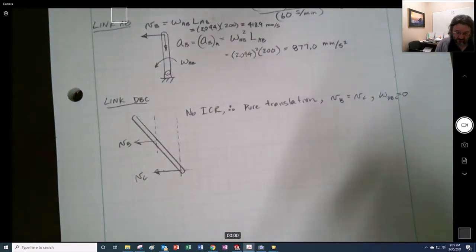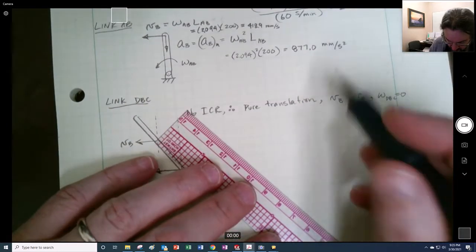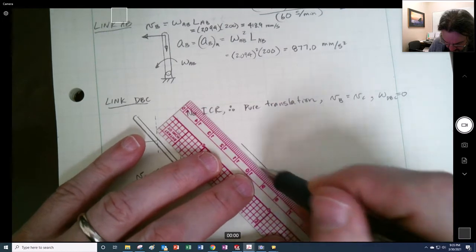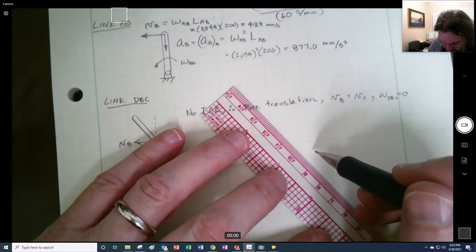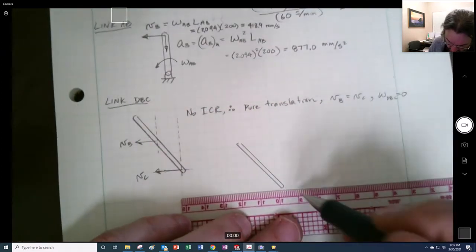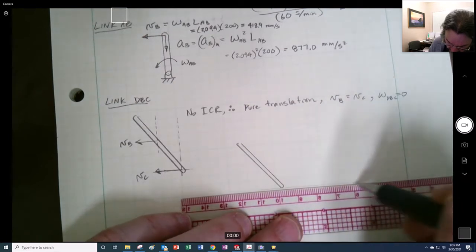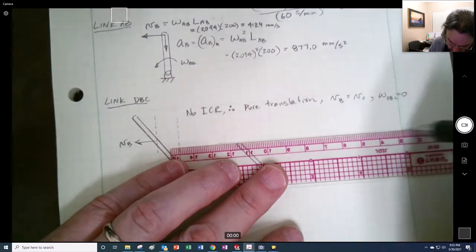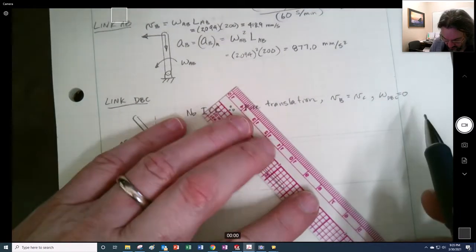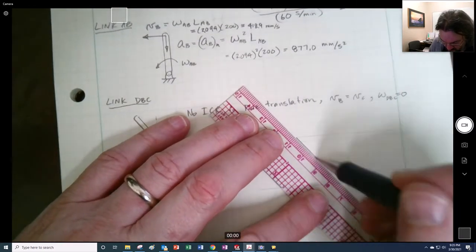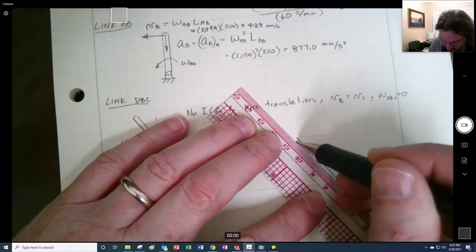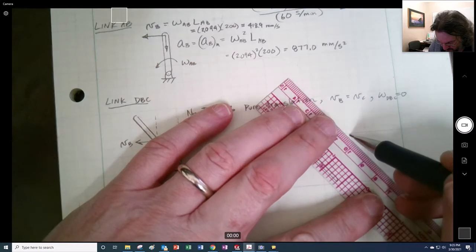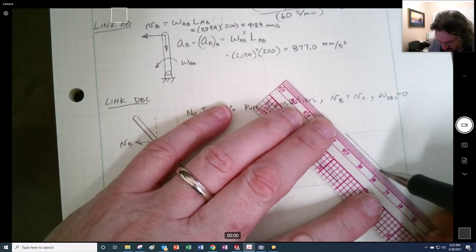I didn't leave myself a lot of room, but maybe I'll do it over here. I will make a little light sketch right there and put a little line right in there. And then when I move the thing over, like that.